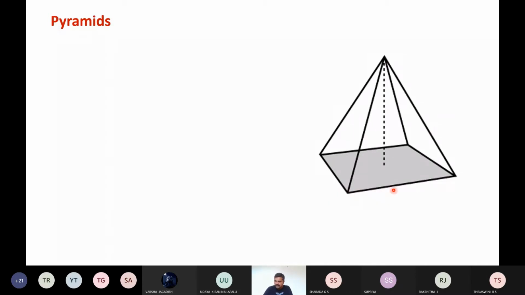In case of square, there are four base edges. In case of pentagon, there are five base edges. For base edges, in the problem they may use one more term, shorter edges. The reason is, compared to slant edges, the length of base edges is short. So that's why they are also known as shorter edges, and these are known as longer edges.